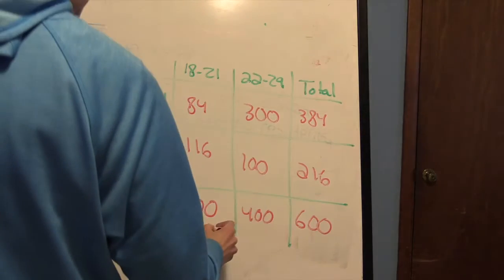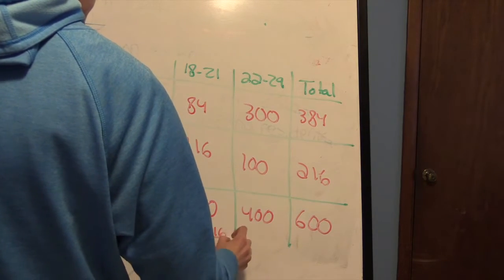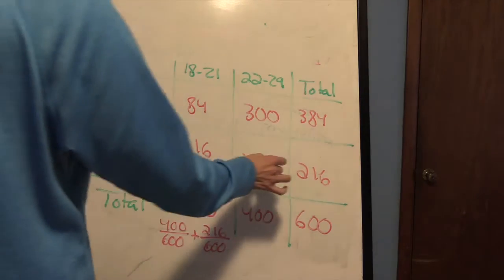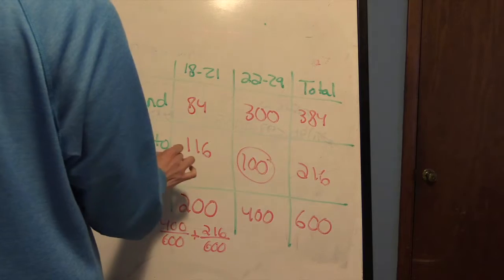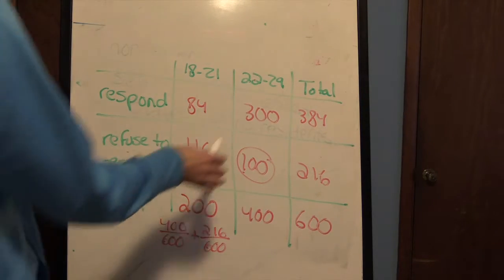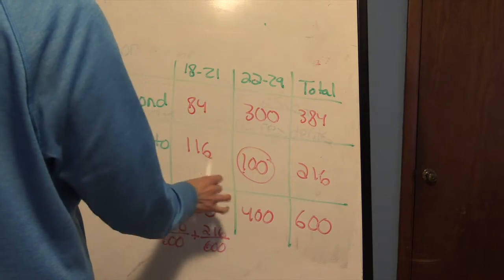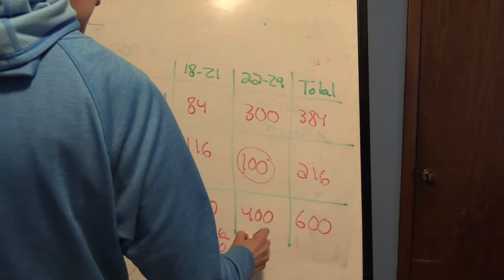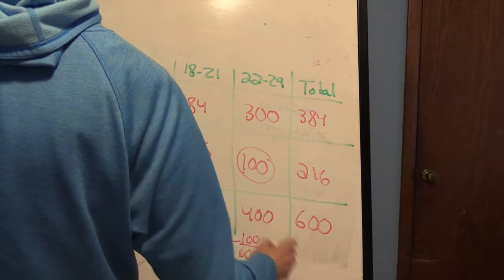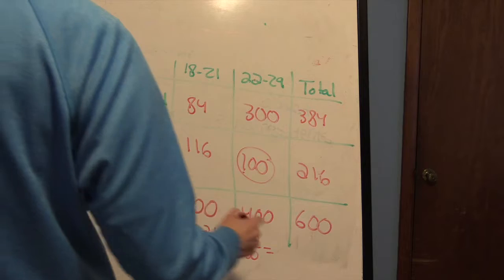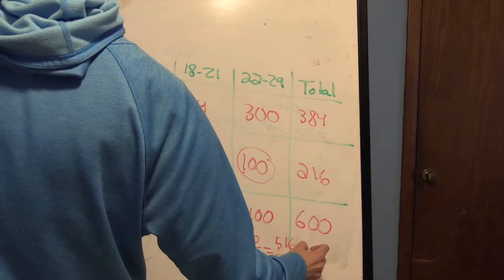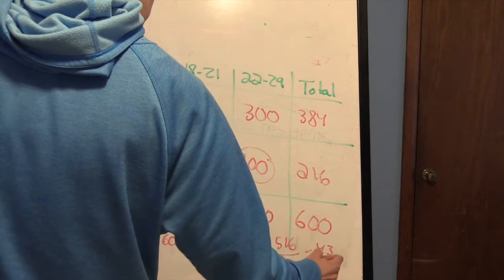There's 216 of them out of 600. Okay, but here, where we have the overlap, the refuse to respond, and in that age bracket, we've counted that twice because we added it here and we added it here, so we're going to subtract it. And that is equal to 516 over 600, which is equal to 43 over 50.